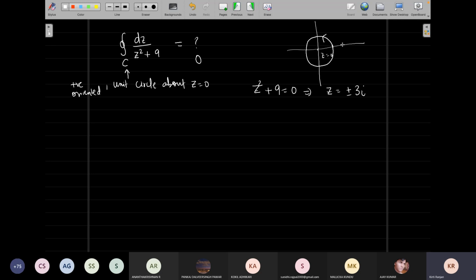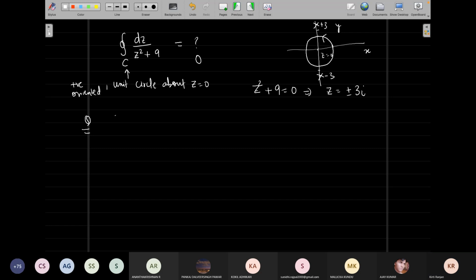In this case, for example, you have plus 3 and minus 3, two singularities, but those singularities are not lying within this contour, inside or on any part of it. So this is x, this is y, and hence you can quickly get the result. Okay, this is about part 1: if the function is analytic, you can get the result pretty quickly.